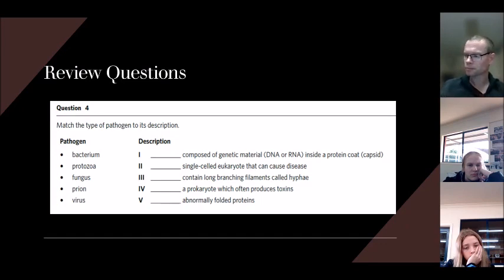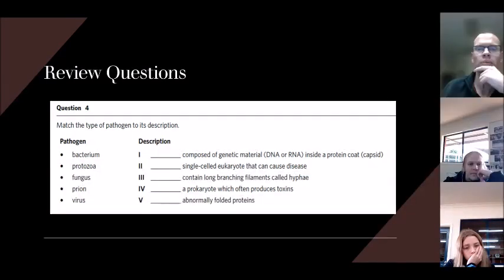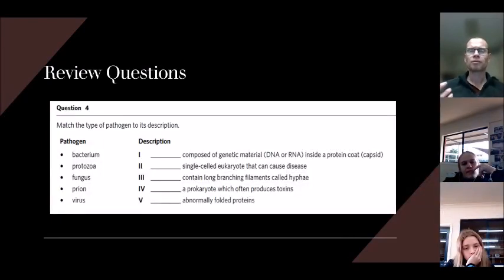Prion. 5. Yep. So prion is abnormally folded proteins. And last one, our virus. 1. Yeah.